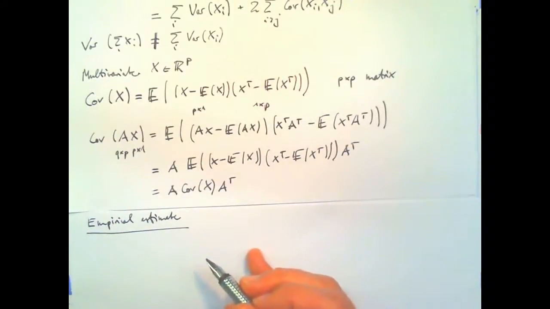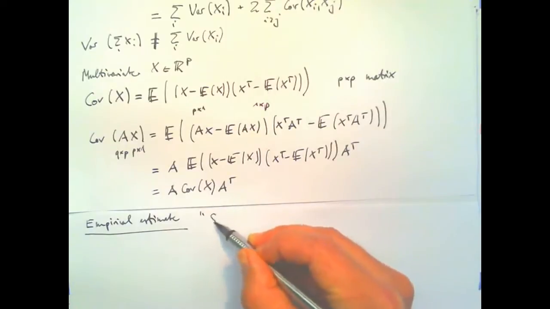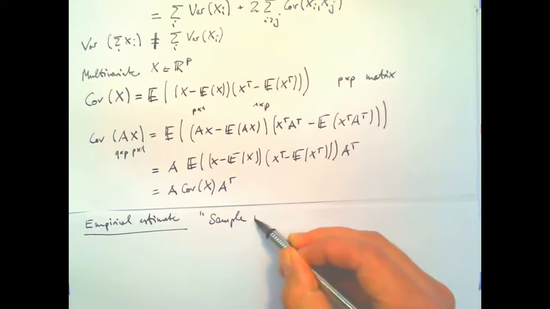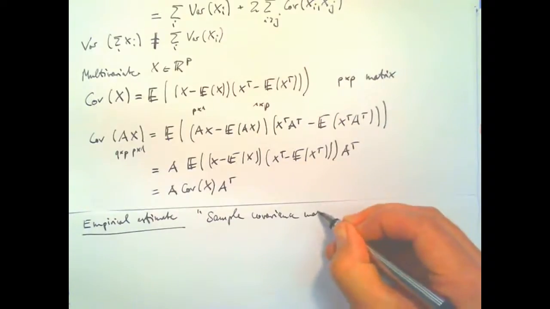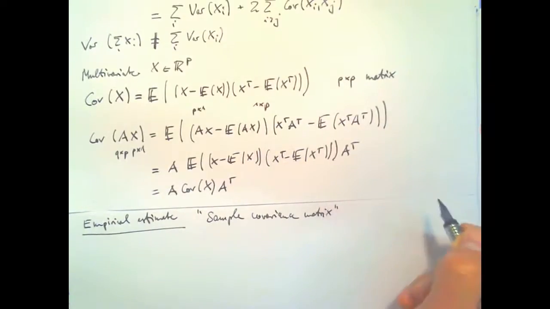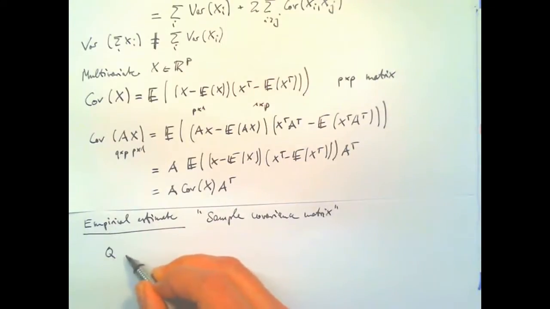So the empirical estimate of the covariance matrix is simply called the sample covariance matrix. People use different letters.